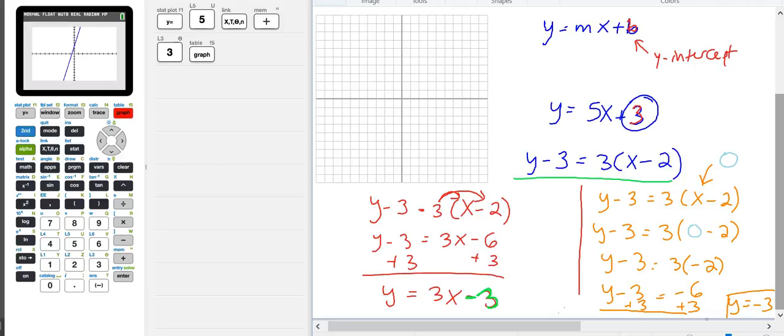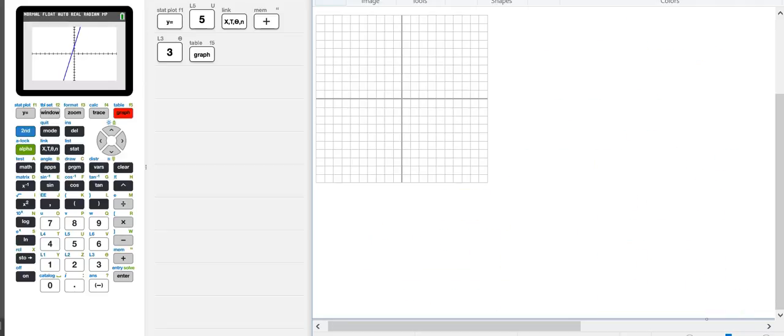Now let's discuss the x-intercept of a graph. Where does a graph cross the x-axis? Let's say I graph any random line over here. You'll notice that where it crosses the x-axis, the coordinates of this point are (4, 0). Let's graph another line. The coordinates of the x-intercept of this line, the one in orange, are (-2, 0).